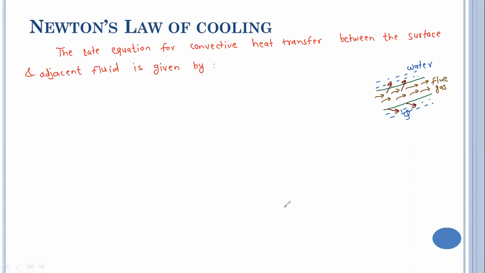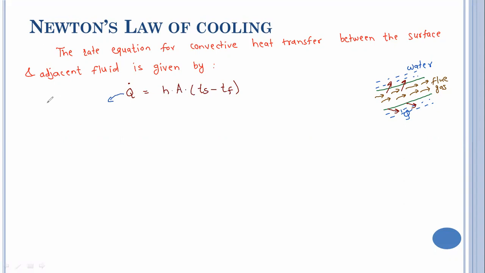So according to this law, Q dot, the rate of heat transfer, is equal to H into A into (Ts minus Tf). Now what are all these notations?